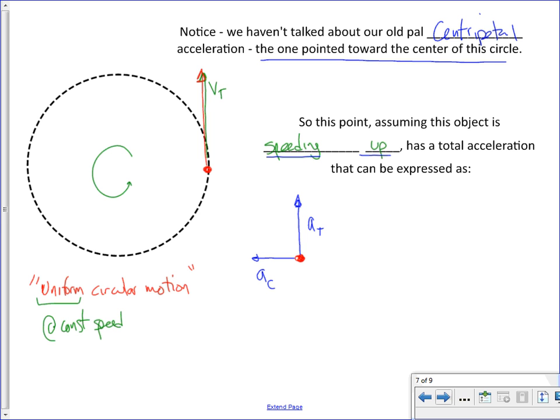And then there's a total. Let's call this the net acceleration, because this one means tangential and I don't want to use another T to mean total. So here's the sum of the accelerations, the total acceleration. We could say that the net acceleration is the Pythagorean combination of those: at squared plus ac squared.